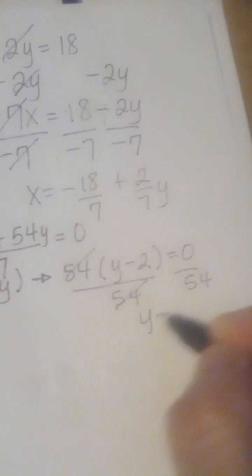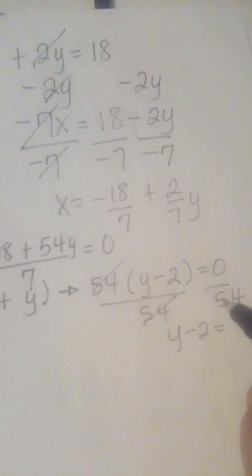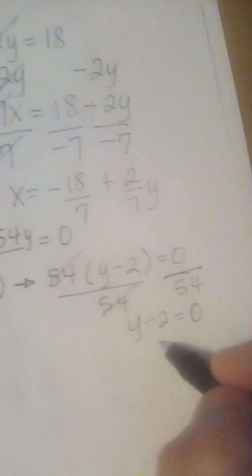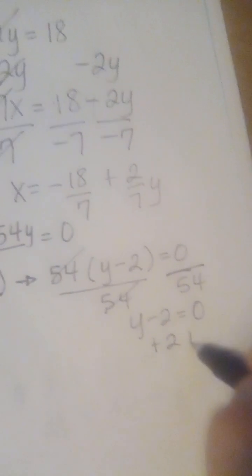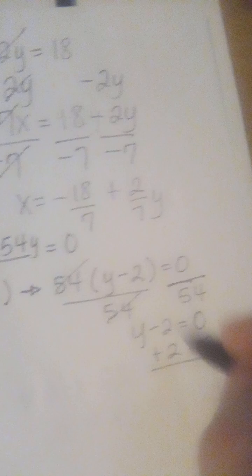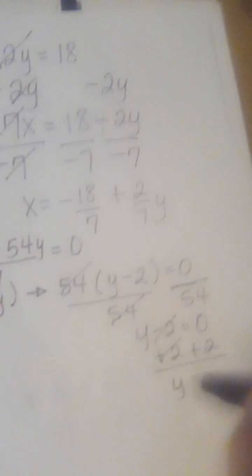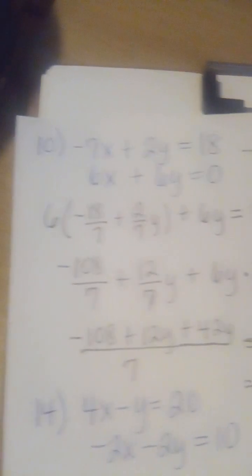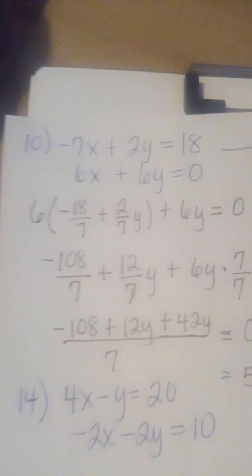Then we have y minus 2 equals 0 divided by 54, that gives us 0. And then we do the basic math. We got the y. Y equals 2.